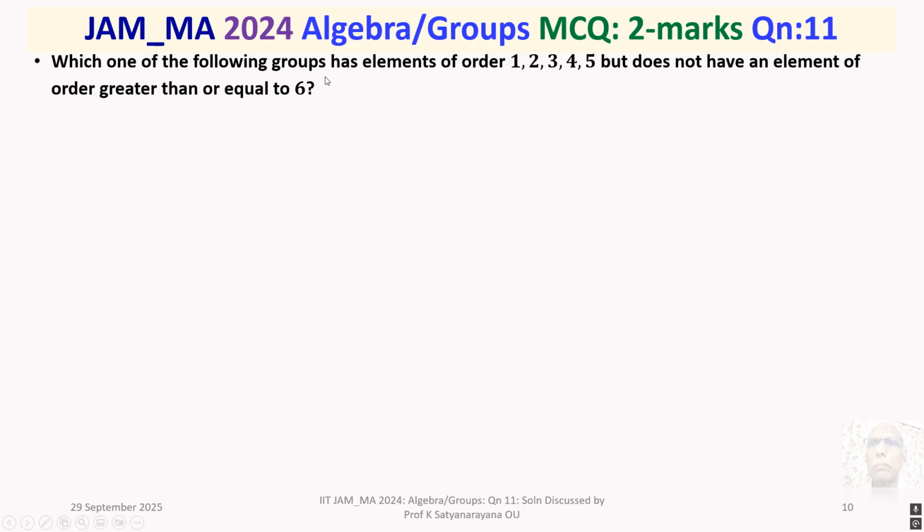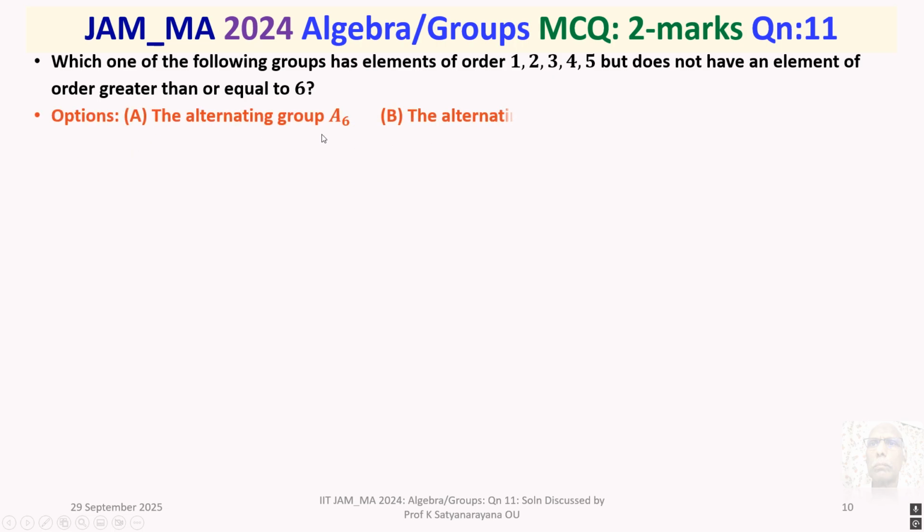That means we have to find the group that has elements of orders 1, 2, 3, 4, 5, but does not have an element of order greater than or equal to 6. We are given 4 options.